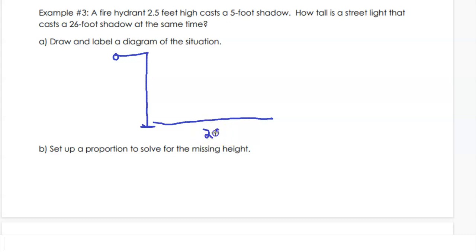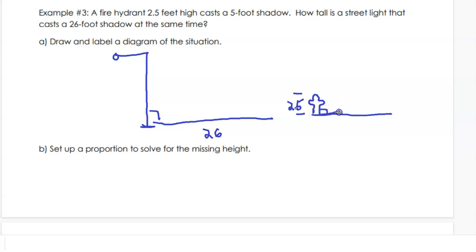Then I'll draw my fire hydrant. That's not terrible, I guess. We know that is a 2.5-foot fire hydrant.